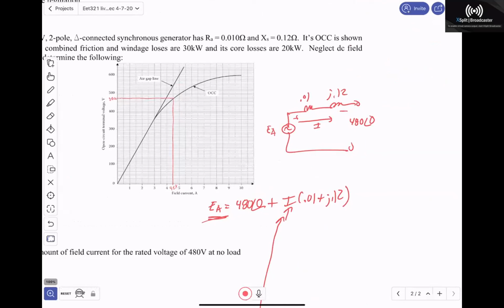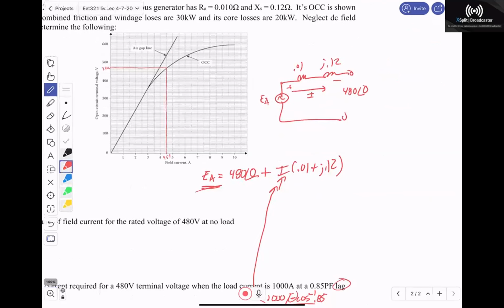If this is the terminal and I've got two other phases here and here, then yes, I would divide that by the square root of 3. But if I'm looking at it at each individual winding, that would be the case. So your best bet is to divide that by the square root of 3.